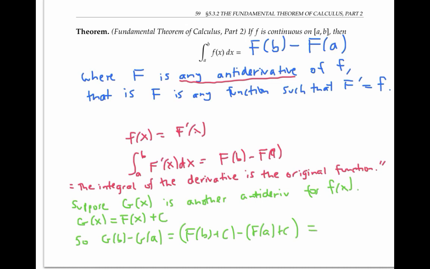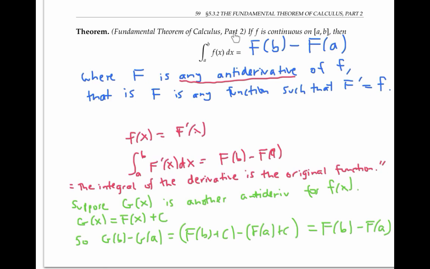And since the constant c's subtract out to cancel here, this is just F of b minus F of a. So this difference is the same value no matter which antiderivative of lowercase f we use. And that's why we can say that capital F can be any antiderivative.